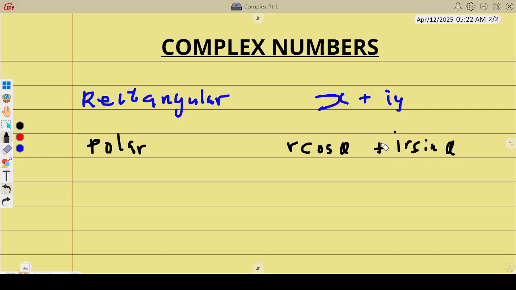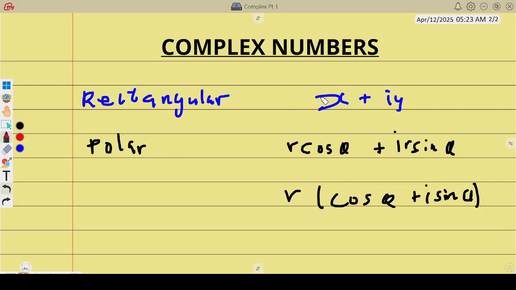You can see that r is common on both sides. So when we factor it out, the polar form looks like this: r times cos theta plus i sin theta.